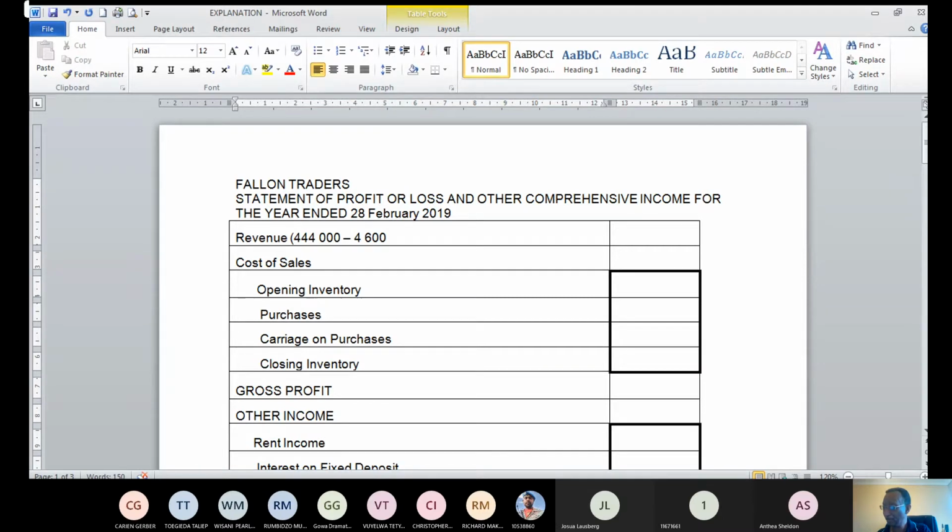If you go to the exercise, you will see that the 4,600 is your amount of sales returns, minus your settlement discount granted of 800 Rand, and that will give you net revenue of 438,600 Rand. Revenue is equal to your sales minus your sales returns minus your settlement discount granted.